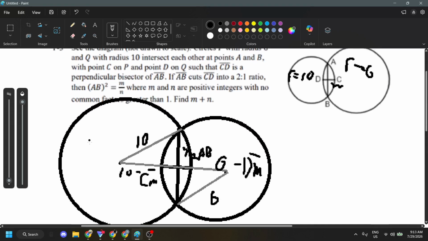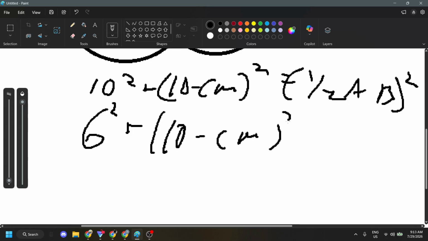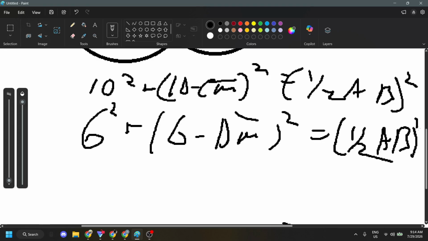And again, we want AB squared, so same thing here. It's 6 squared plus (6 minus DM) squared is equal to (1/2 AB) squared.